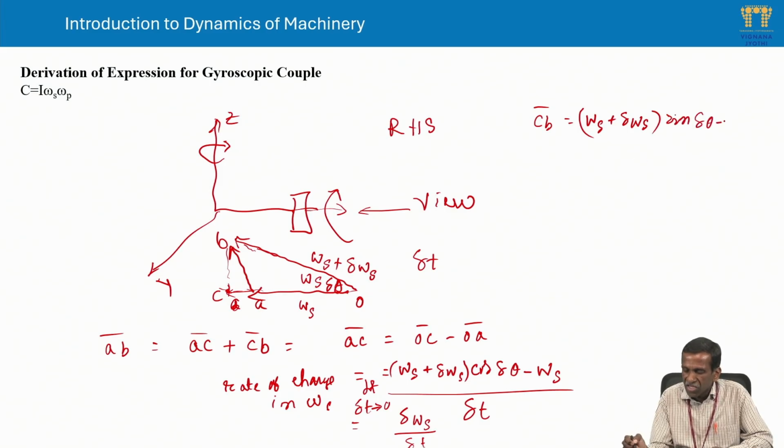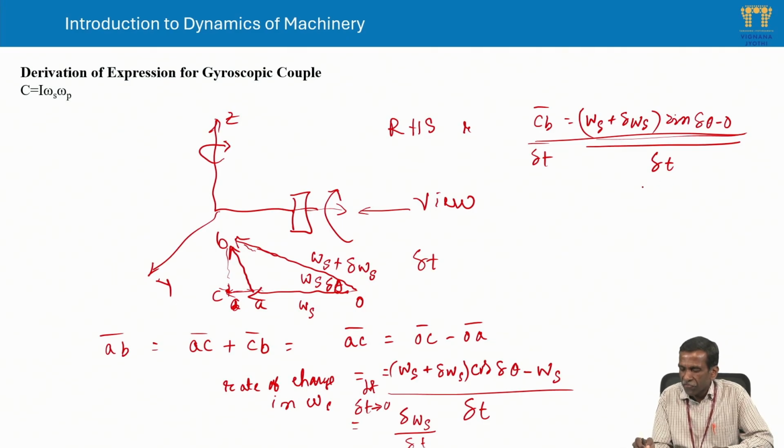The initial angular velocity in that direction is 0. Then I want to find the rate of change of angular velocity in that perpendicular direction. CB is the numerator, and for the rate of change I divide by delta t.